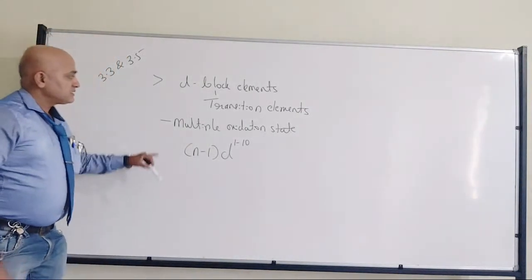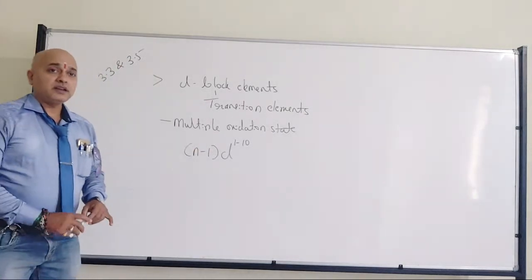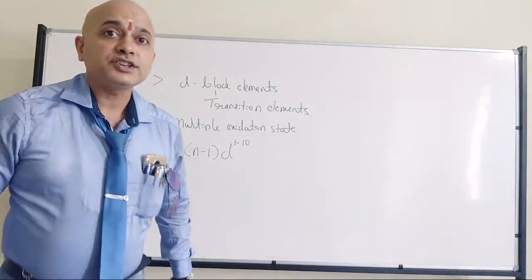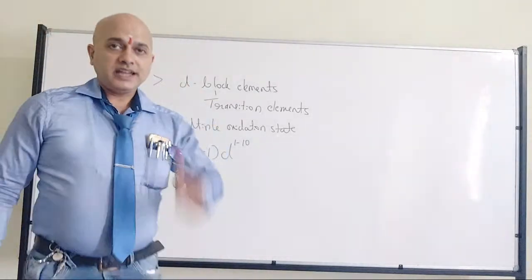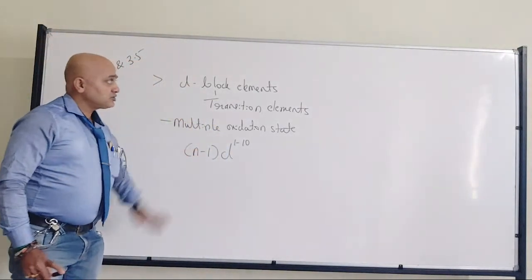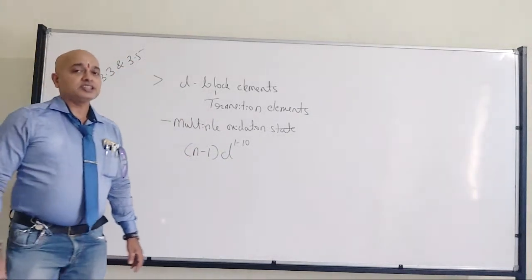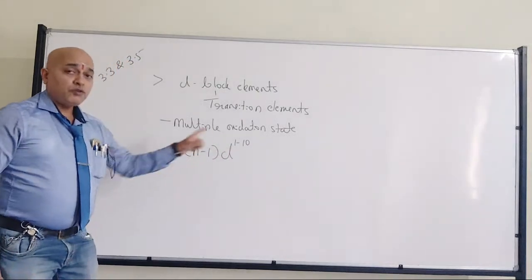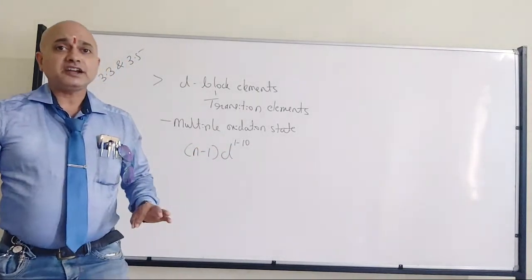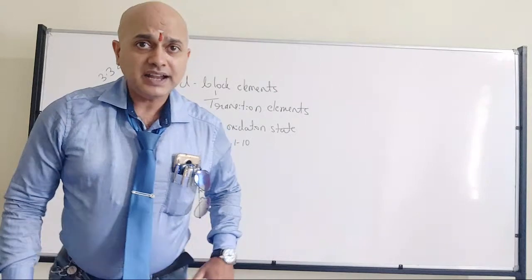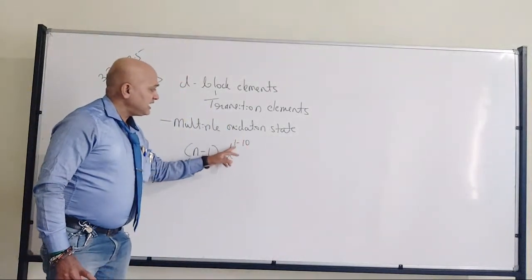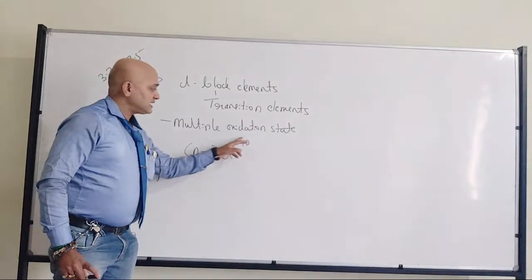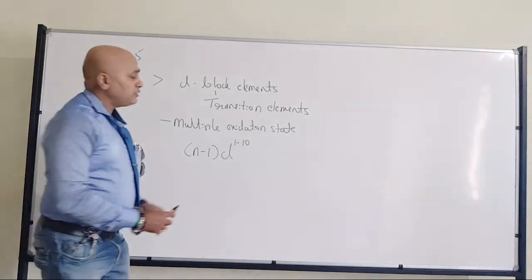Okay, fine. So that's why we have multiple oxidation states. And when it comes to the general electronic configuration, it is n-1 d, 1 to 10, because the D subshell can accommodate 10 electrons, right? So that's where we can see the penultimate D subshell is getting filled up, 1 to 10.